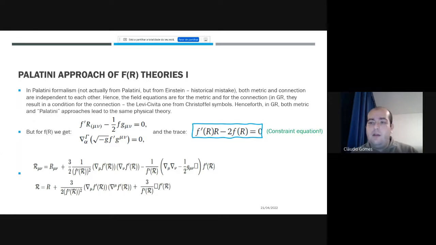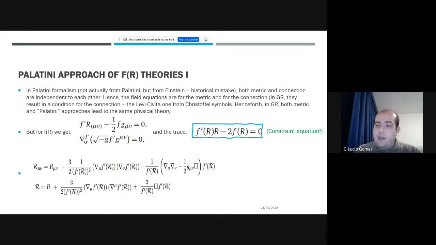And if we assume that the connection is not Levi-Civita, what we end up with is this: we vary the action relative to the metric, we get some equations, and we vary the action relative to the connection, we get a constraint, actually an equation that implies that the connection is Levi-Civita.